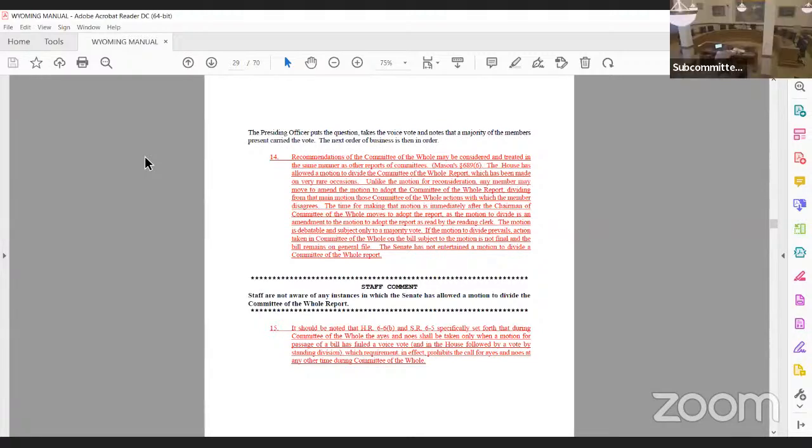And I'll just note and see if my Senate colleagues agree, Mr. Chairman, if I may, that the way this is phrased, the Senate has not entertained a motion to divide a committee of the whole report, appears to me to not bind the Senate in any way beyond what its current rules say, and that's how I think it probably should be. Is not authoritative, just noting that we don't have that precedent, but that doesn't deny an opportunity for that motion if somebody were to make it, and then see how it all shakes out.